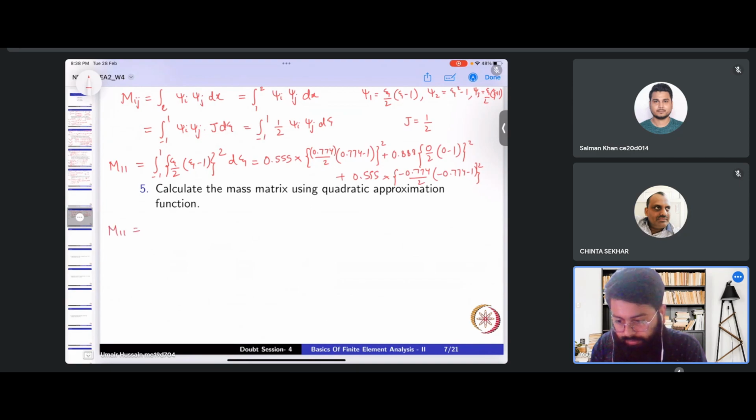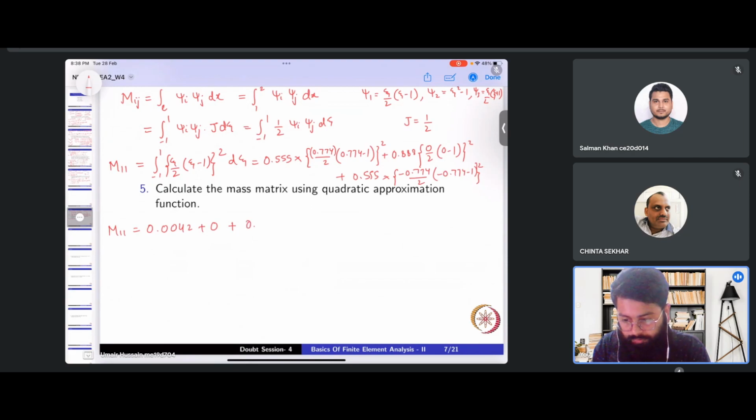So we get a small number, 0.042, and this next term is 0 already. Then we have 0.555 times minus 0.774 by 2, and here we have minus 0.774 minus 1, and this whole term is squared.